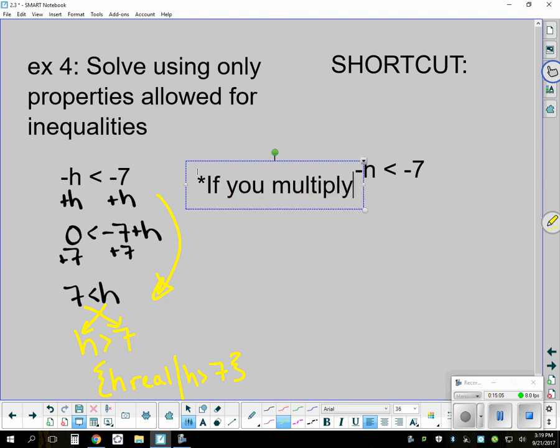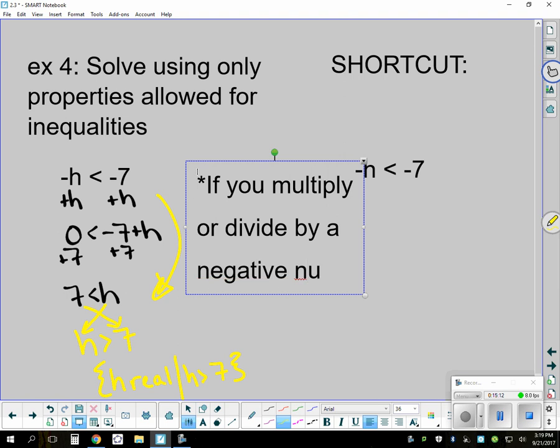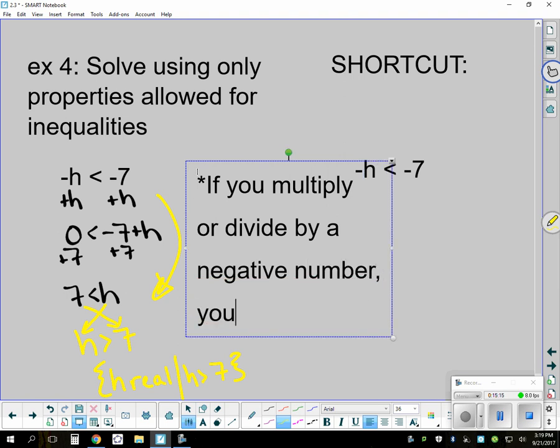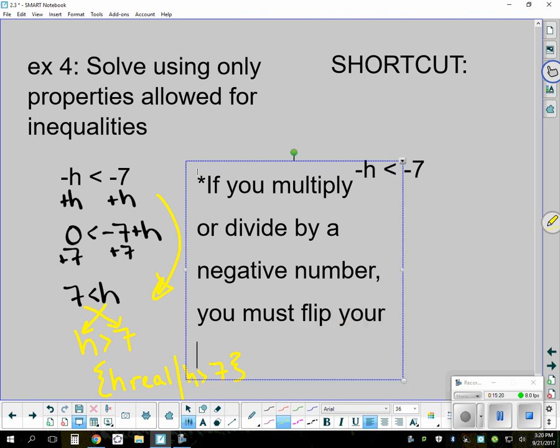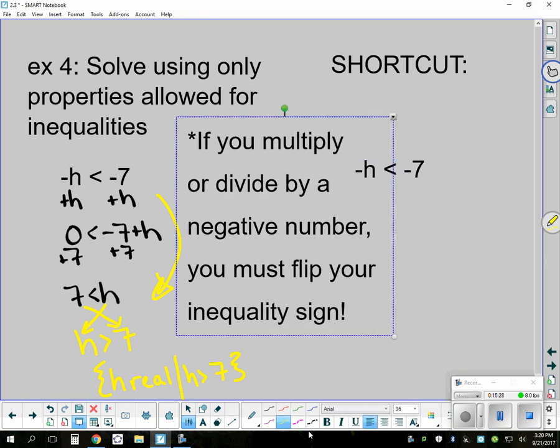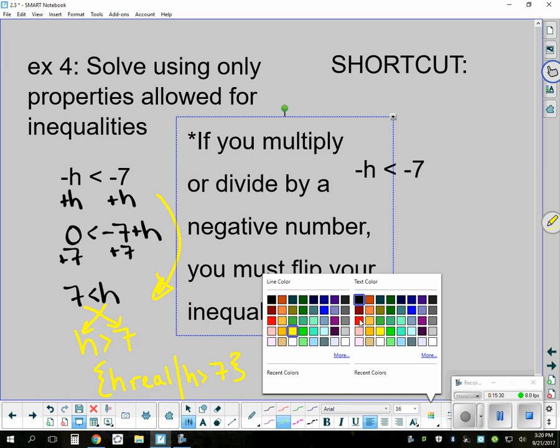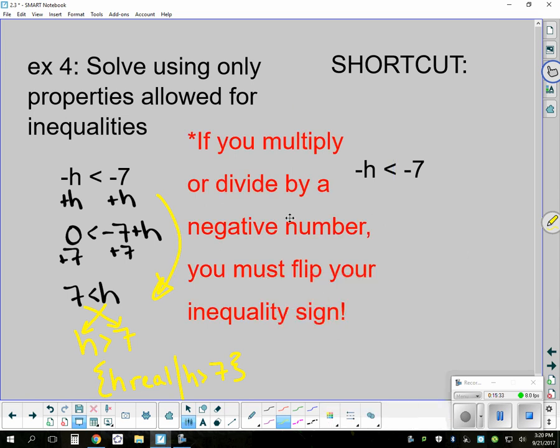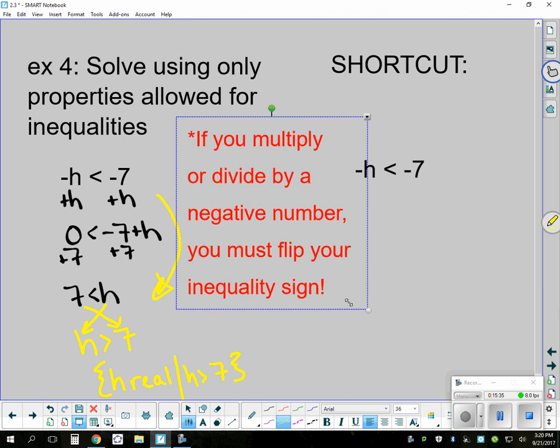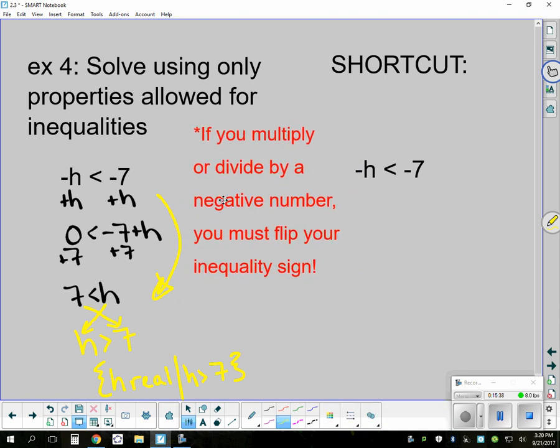But what you also have to do is flip your inequality sign. Write that down. Super important. This is your big difference between solving equations and solving inequalities. If you want to multiply or divide by a negative number, you may, but you must flip your inequality sign.